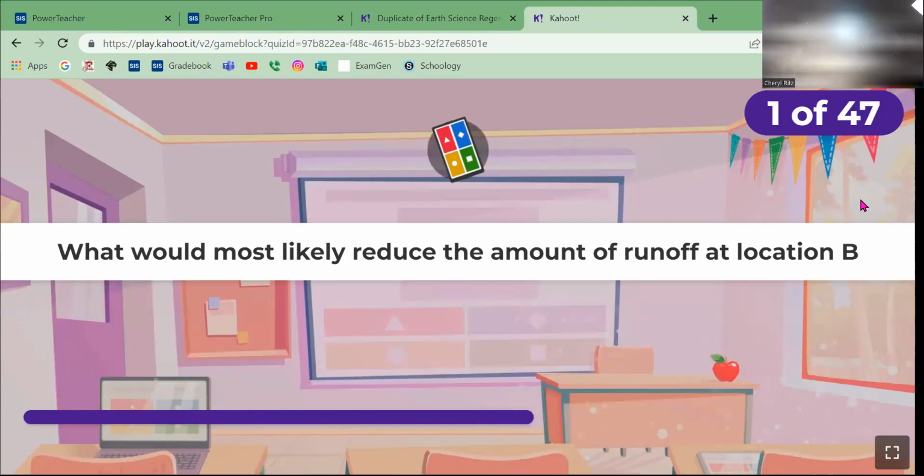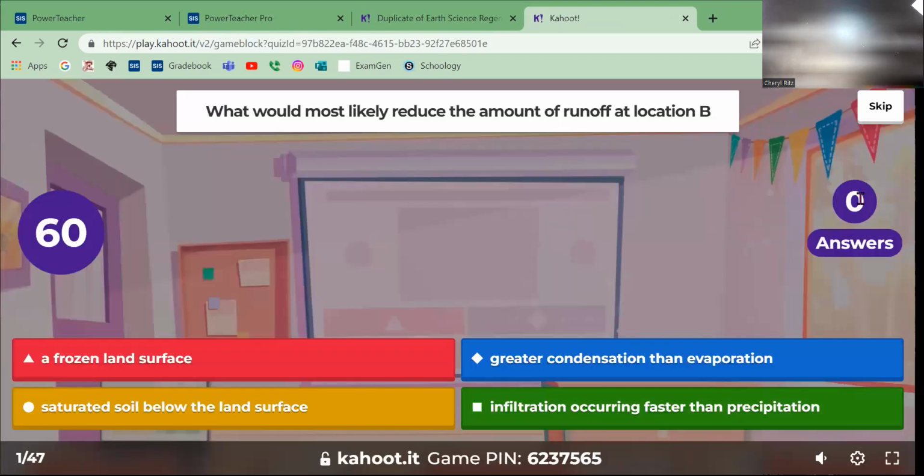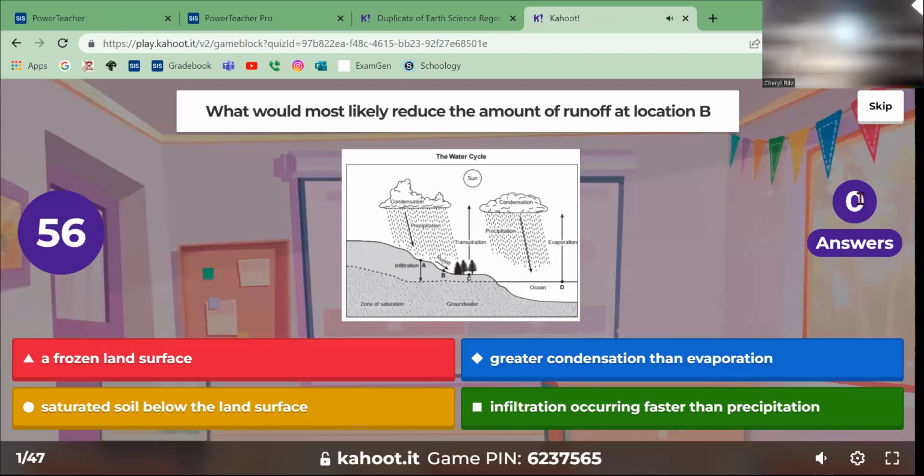What would most likely reduce the amount of runoff at location B? I believe you have the picture on your screen. So reduce the amount of runoff. Reduce. That means less.